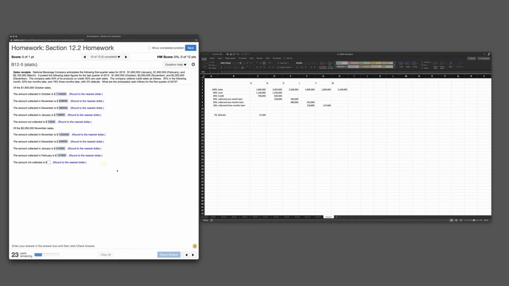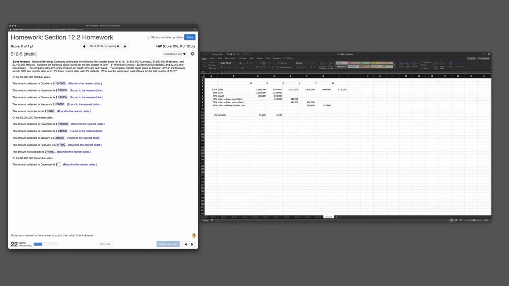And finally, of that 820,000 in credit, we're not going to see 2% of it. We might have some conflict with that, but we're just going to have to accept our loss.